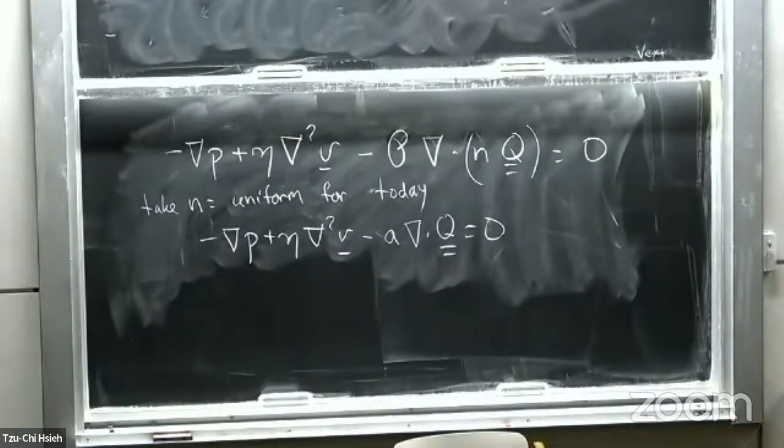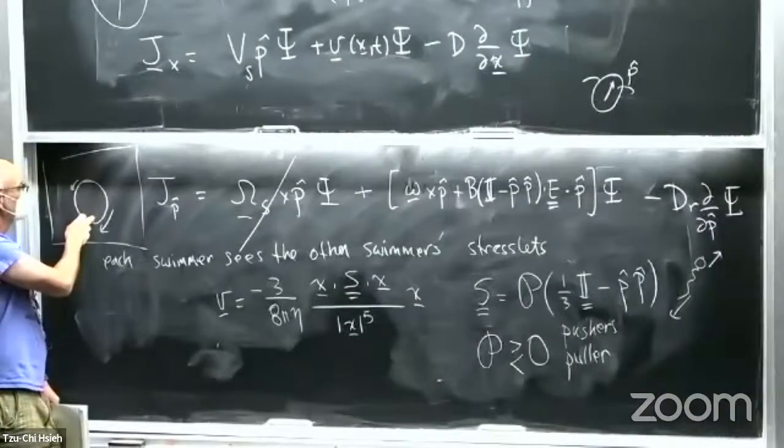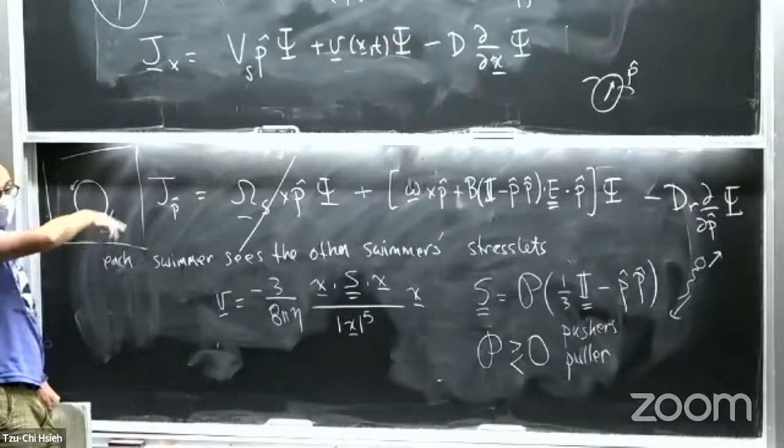Repeat the argument for what? Oh, so this term is the rotation you would get because your swimmer is somehow asymmetric. So maybe you're pushing more on one side than the other side. In other words, if there were no external flow and there's just a single swimmer, this is a swimmer that would swim around in a circle, right?